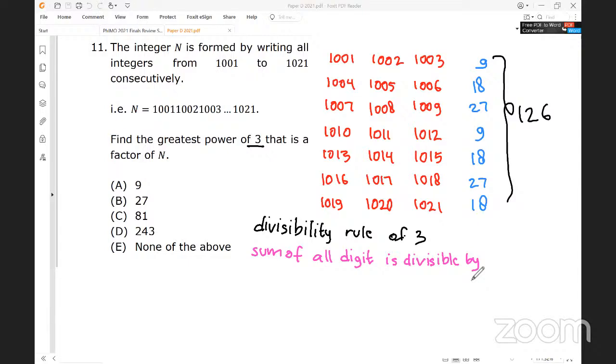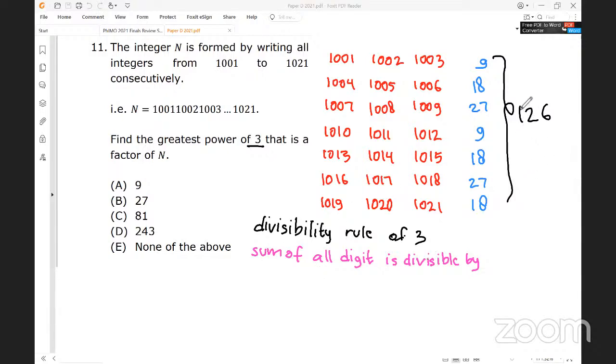This is not only for 3, I will give you an extended version: the sum of all digits divisible by a power of 3. For example, the divisibility rule of 3: the sum of all digits is divisible by 3. And the divisibility rule of 9: the sum of all digits is divisible by 9. And if 27, you do the same way.